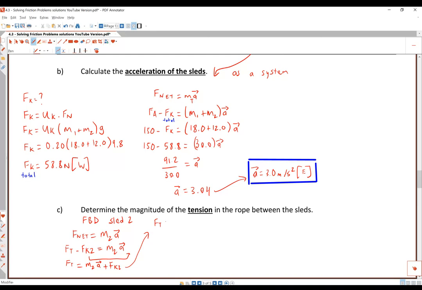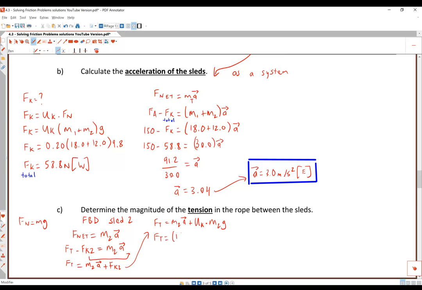We can do our calculation now, or we can even go further. Our tension force equals mass 2 times acceleration plus, in order to calculate kinetic friction, mu k times normal force. Normal force is equal to mg, so for sled 2 it's m2 times g. Now it's just a matter of plugging in our numbers.